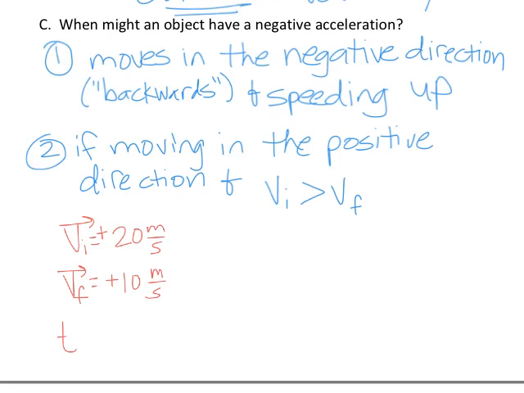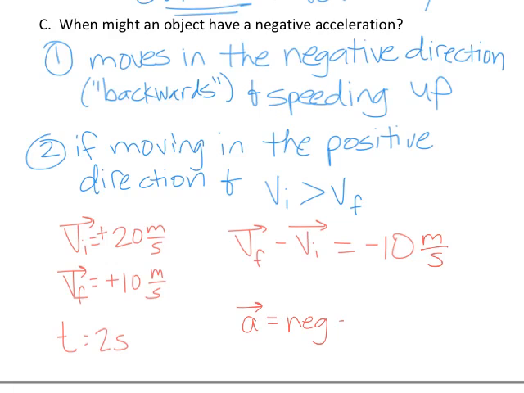And let's just say that that took 2 seconds. When I go to put that into the equation and look at the change in velocity, when I subtract final minus initial for that change in the velocity, that's going to give me a positive 10 minus a positive 20, which is going to give me negative 10 meters per second. Once I divide that by the time, my acceleration would mathematically actually give me a negative number.